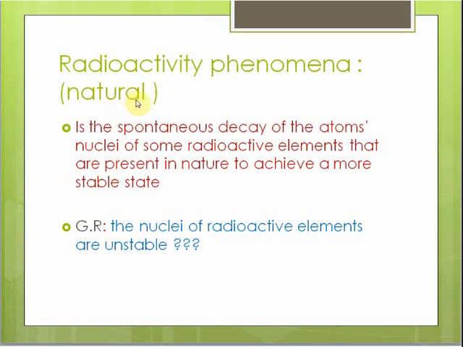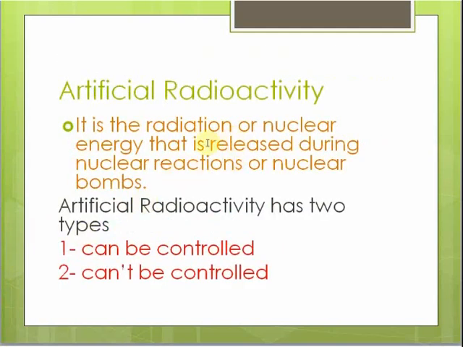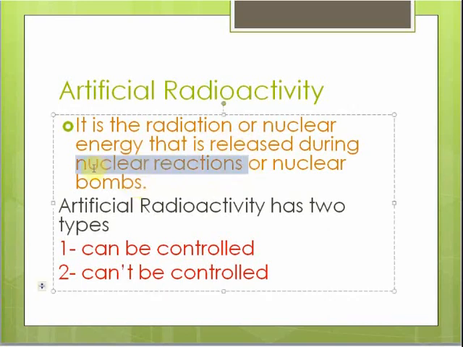Artificial radioactivity studies the nuclear reactions inside the nuclear reactors or the nuclear bombs. So we can define artificial radioactivity as the radiation or nuclear energy that is released during nuclear reactions. Nuclear reactions are done in the nuclear reactors or the nuclear bombs that are used for military purposes.